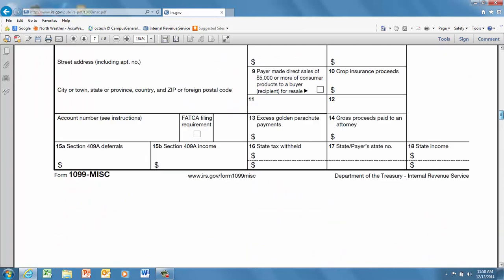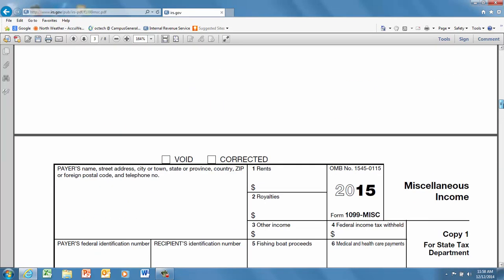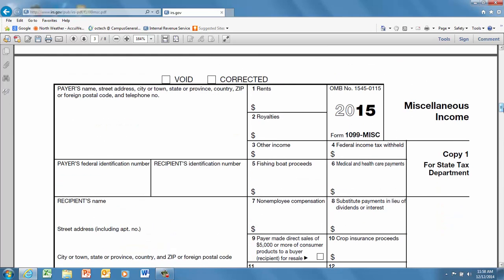Alright, so let's take a look at one of these. Okay, the payer's name, that's us. Okay, and our federal identification number goes on here.